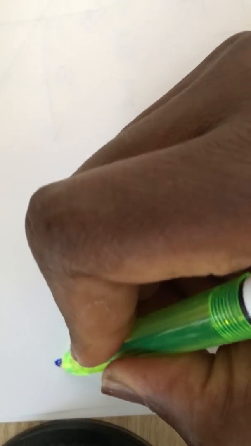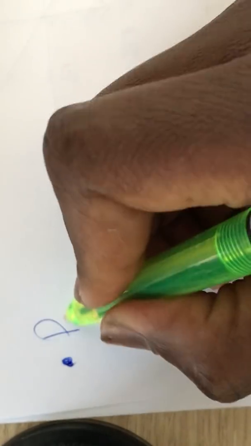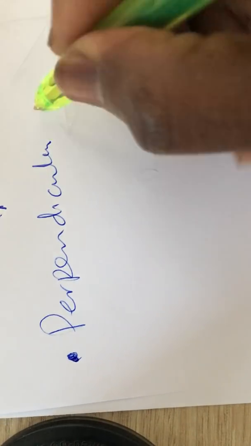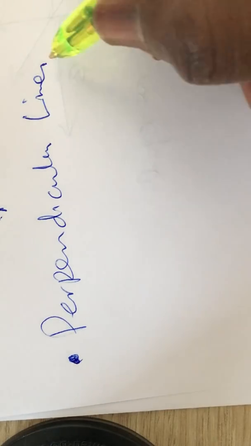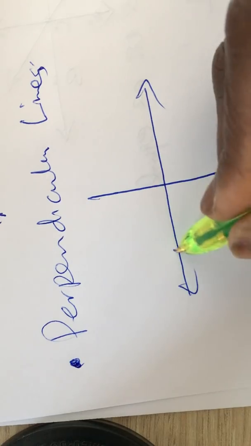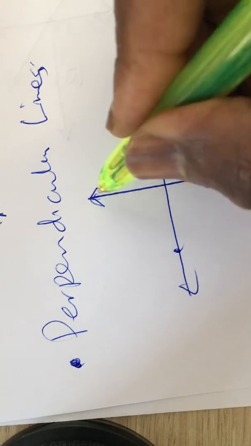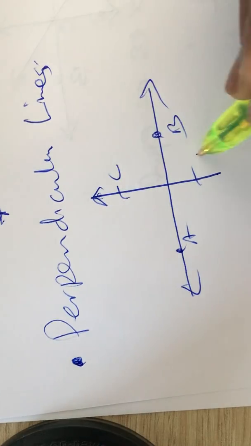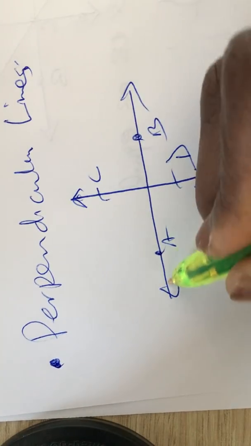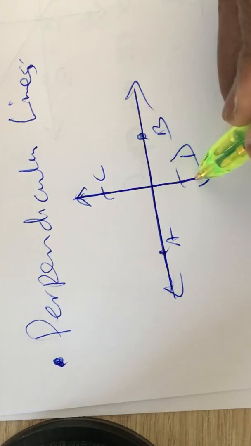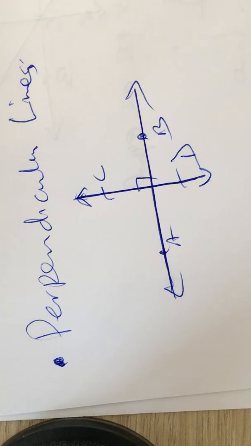Now, another type of line that you can come up with is a perpendicular line. Perpendicular lines are something like this. Let's say A, B, C, D. When you have one line like this and another line like that, they intersect at a right angle.